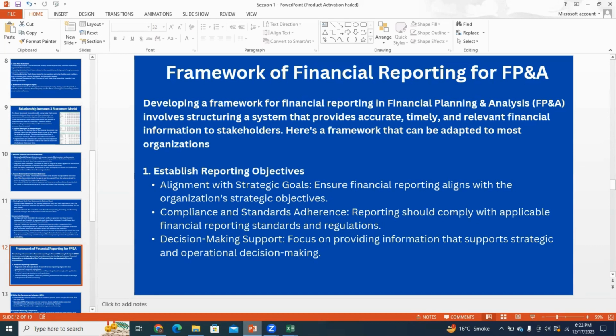All of this is decided using the board of director meetings, the financial reporting meetings, manager level meetings, and senior level meetings. Next, it says compliance and standard adherence. Reporting should comply with the applicable financial reporting standards, so here it is talking about IAS 1 and US GAAP. Decision-making: focus on providing information that supports strategic and operational decision making.